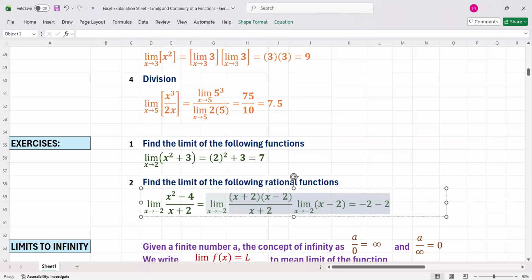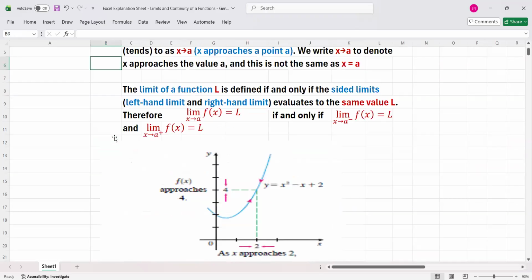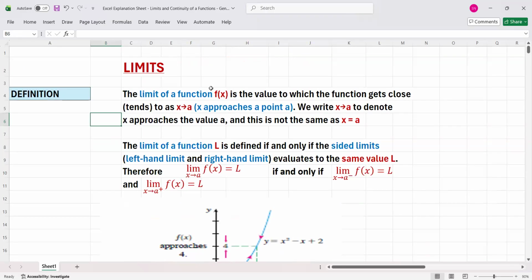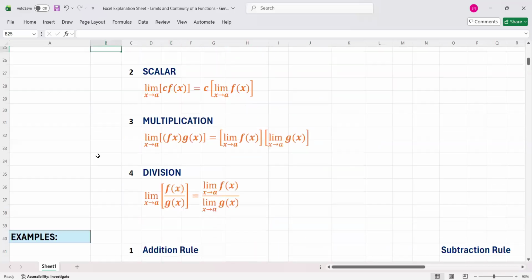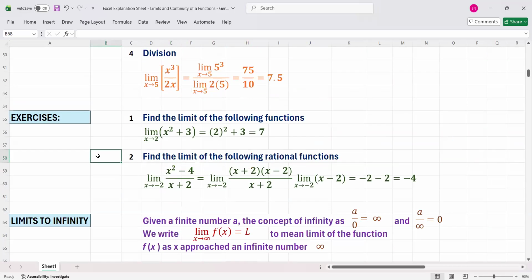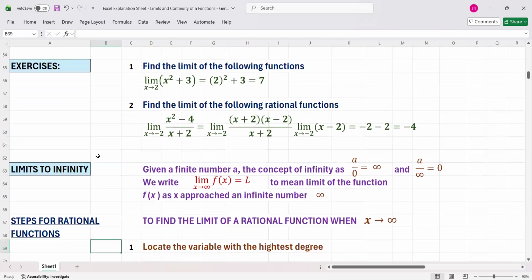We are substituting x equal to negative 2. And that should be equal to negative 4. Okay, so I hope we understand the definition of a limit. Basically, if you substitute the value of x into the function, then we evaluate these functions at those limits. Okay, then the second part of this limit is limit to infinity.